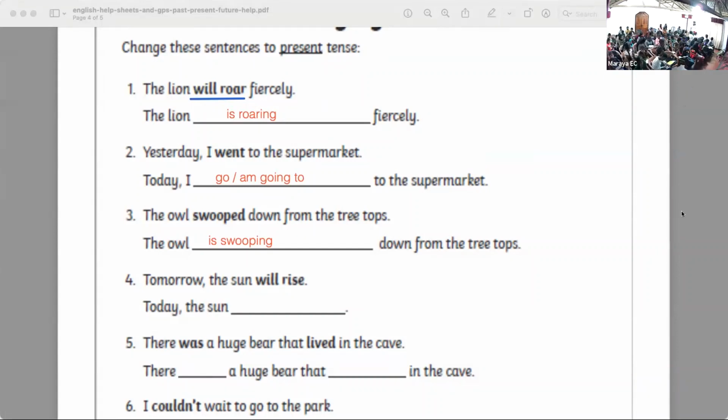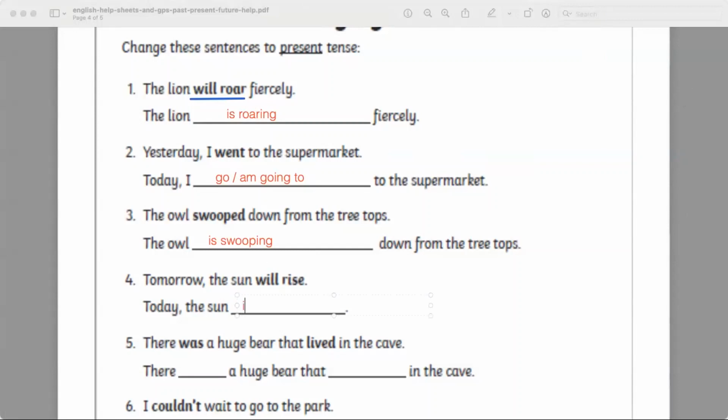LBC English Club Hatton. Today the sun is rising. Well done.